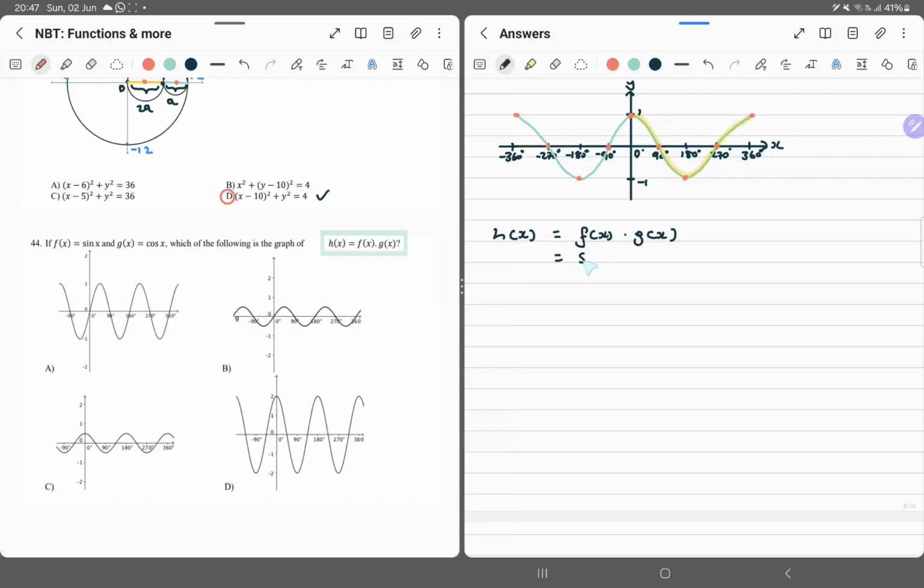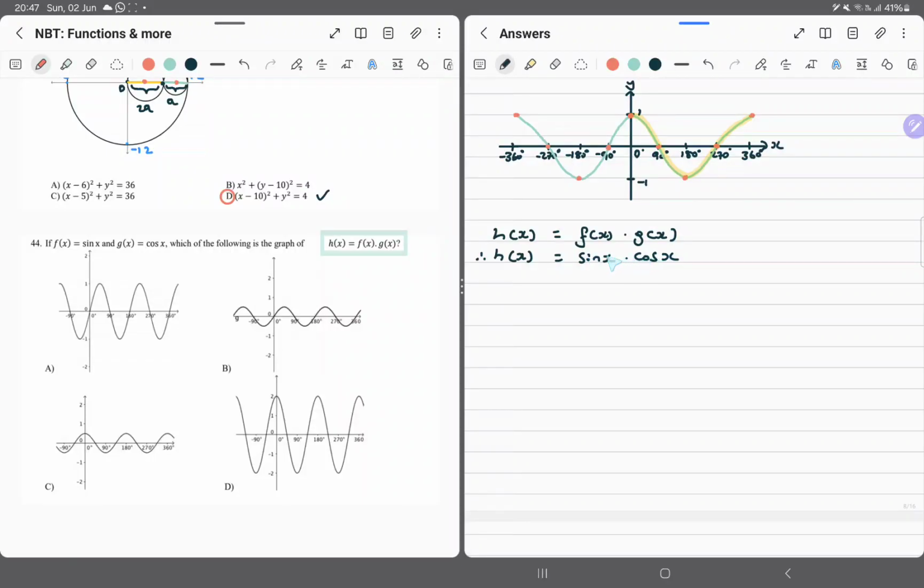So this means this is sine x times cos x. So essentially, what is that? Now, that means we need to think outside the box.